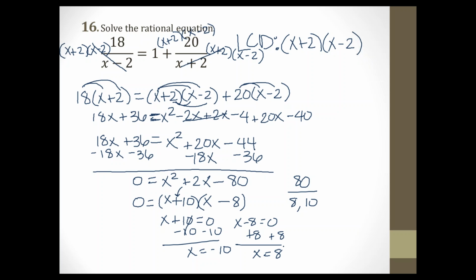So let me make sure. Is that what my answer needs to be? 16. Yes, B. Okay, I wrote down A for some reason. Okay, good. So that solution is answer choice B.